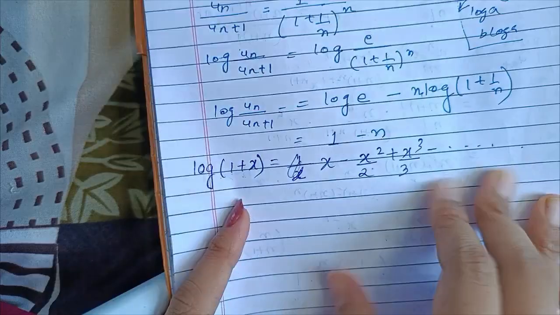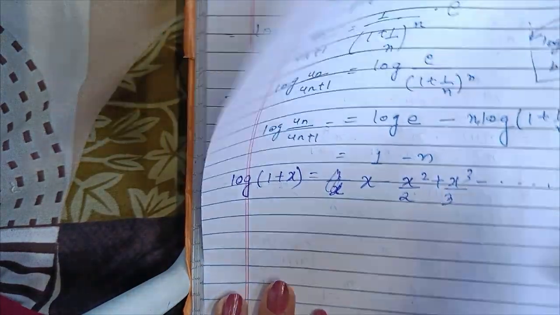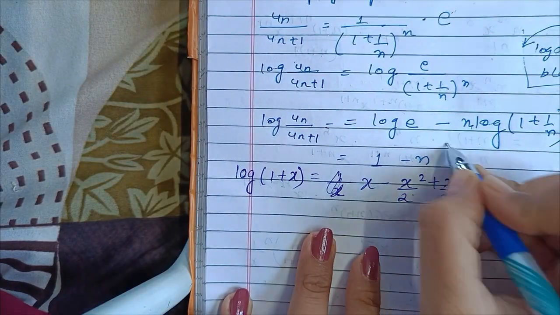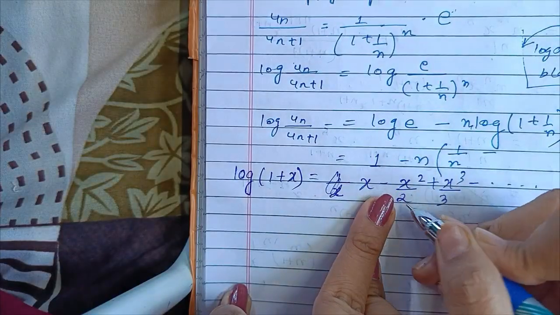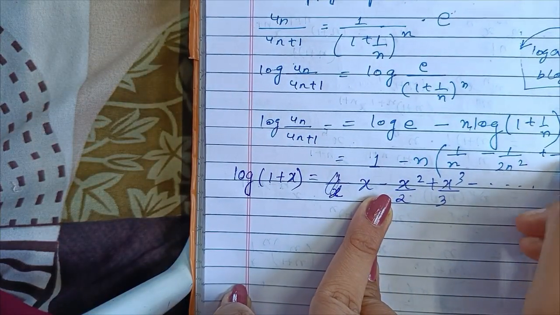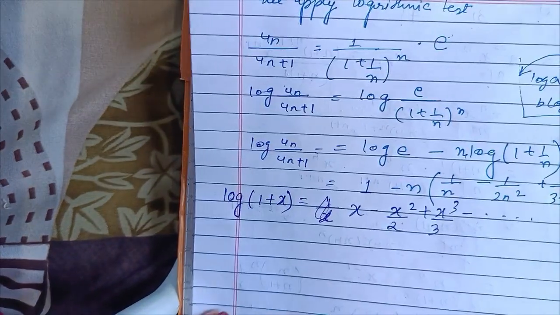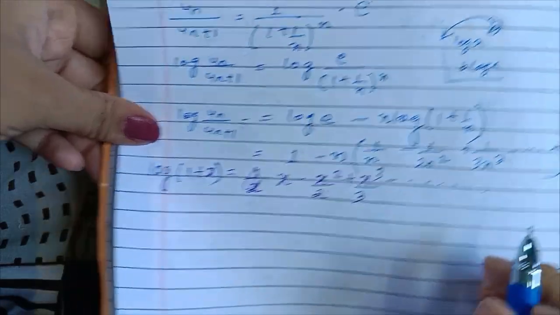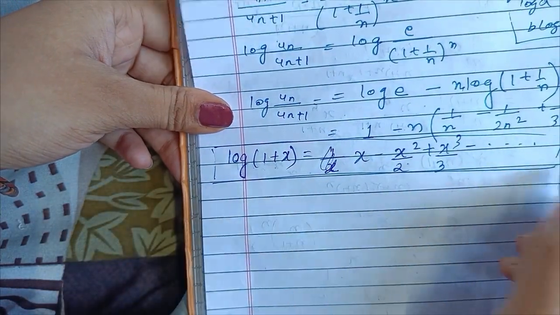Okay, so here we are now applying it. Here x is 1 upon n, then minus x square by 2, so 1 by 2n square, plus 1 by 3n cube, and so on till infinity. Now let me put this in a bracket.